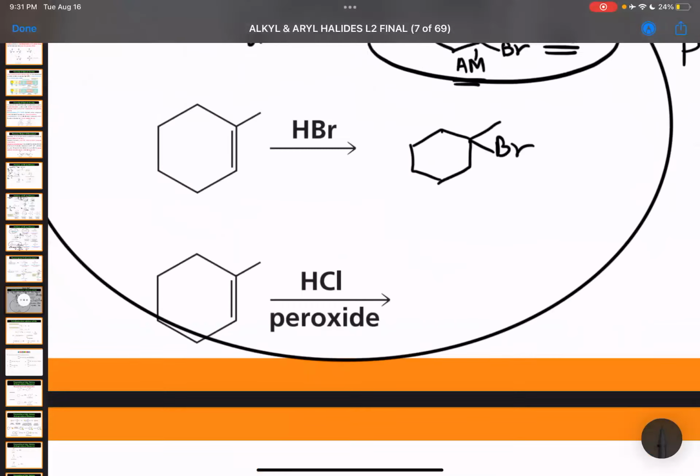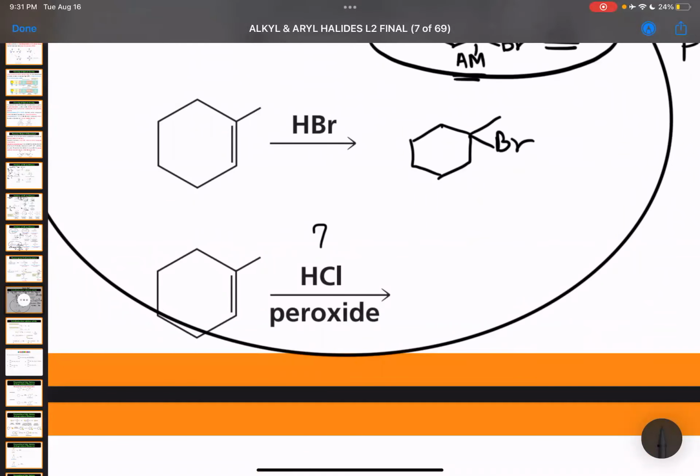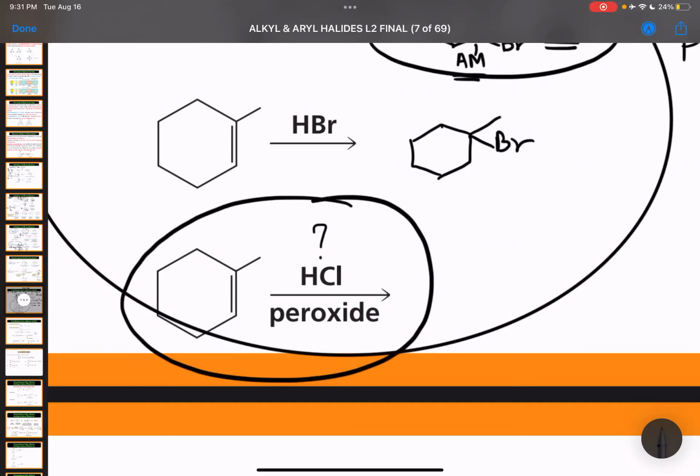And what about this one? HCl is there and peroxide is there. What do you think? Is the addition of HCl not possible, right, sir?